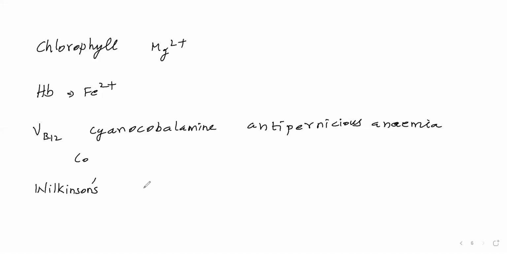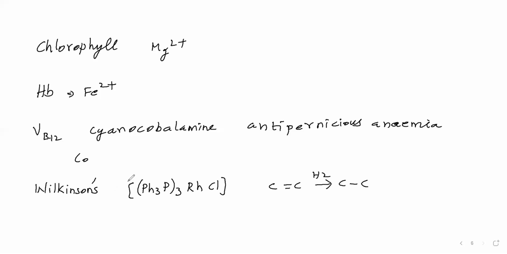The chemical formula of Wilkinson's catalyst is [(triphenylphosphine)3 RhCl], with rhodium as the central metal and triphenylphosphine and Cl as ligands. It is used for hydrogenating alkenes, that is, converting C=C into C-C. It is called hydrogenation, in which this catalyst is used. It is a coordination compound.